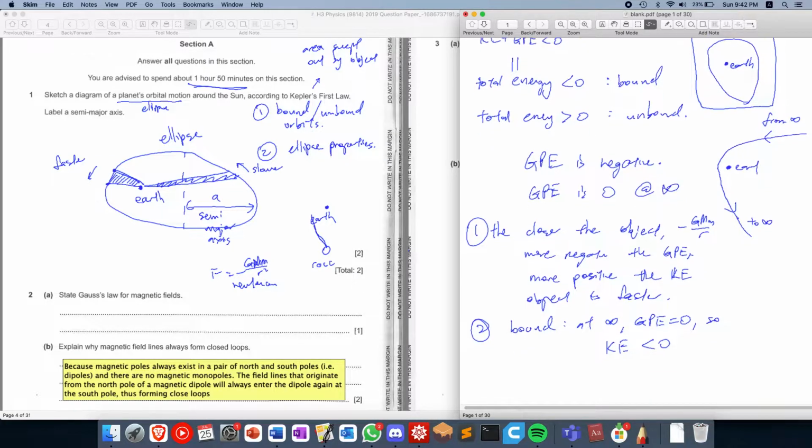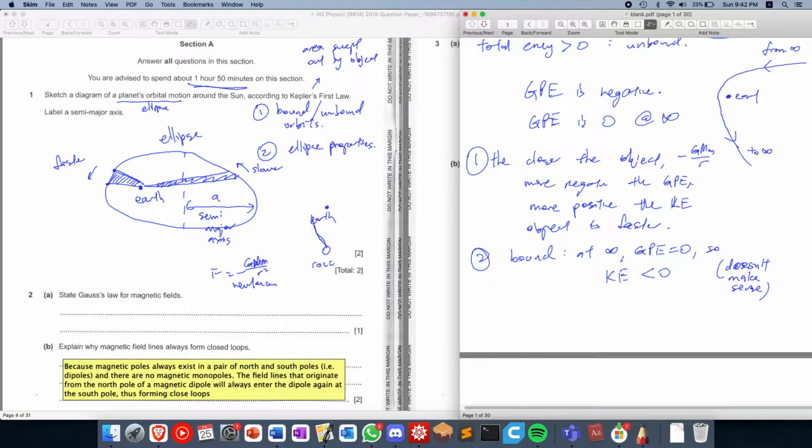And this doesn't really make sense because KE is always positive. So what makes sense then? It makes sense in the case of unbound orbit, where at infinity GPE is equal to 0, so KE is greater than 0, and this checks out.